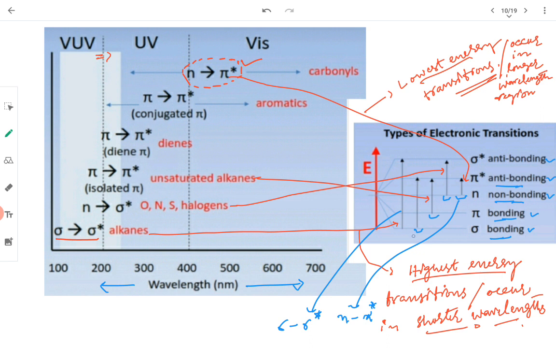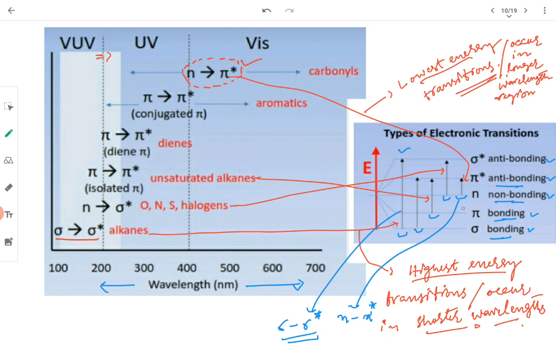And the different arrows indicate the energy gap between the bonding orbital and the antibonding orbital. And you can clearly see that for this sigma to sigma star transition, the energy gap between the sigma bonding and sigma antibonding orbital is the greatest, and that's why they require the highest energy for this electron to go from sigma bonding to sigma antibonding.